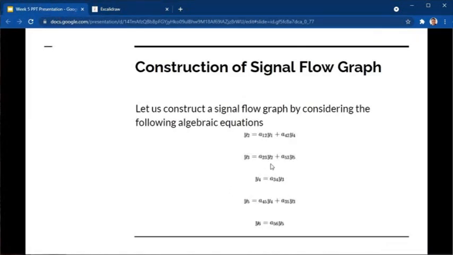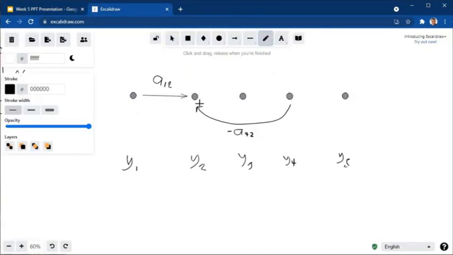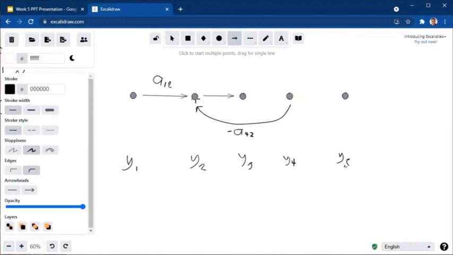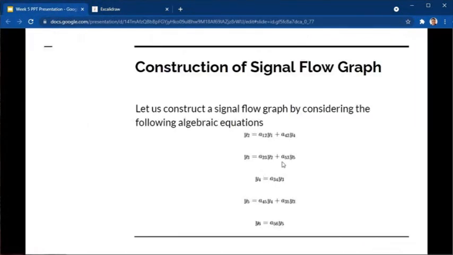Y sub 3 is equal to A, the gain from 2 to 3, times y sub 2. So from y sub 2 times gain 2, 3. We also have another signal, which is A53, or the gain from node 5 to node 3, times y sub 5.